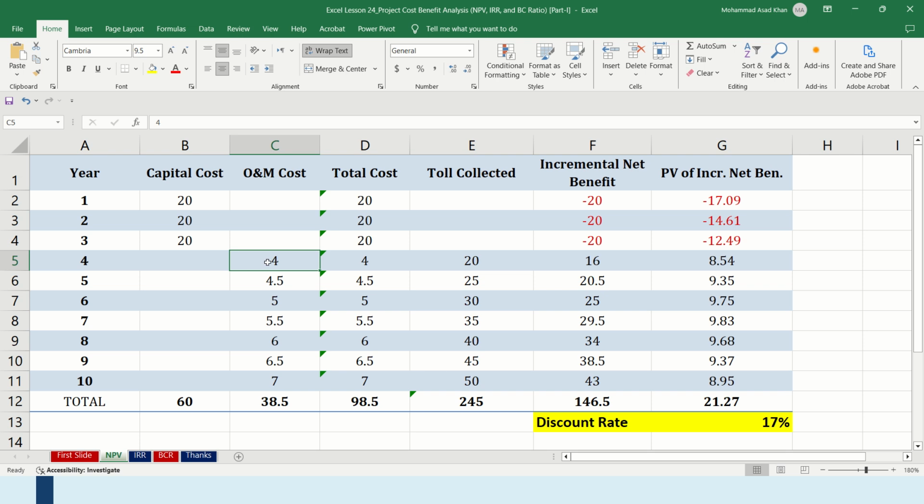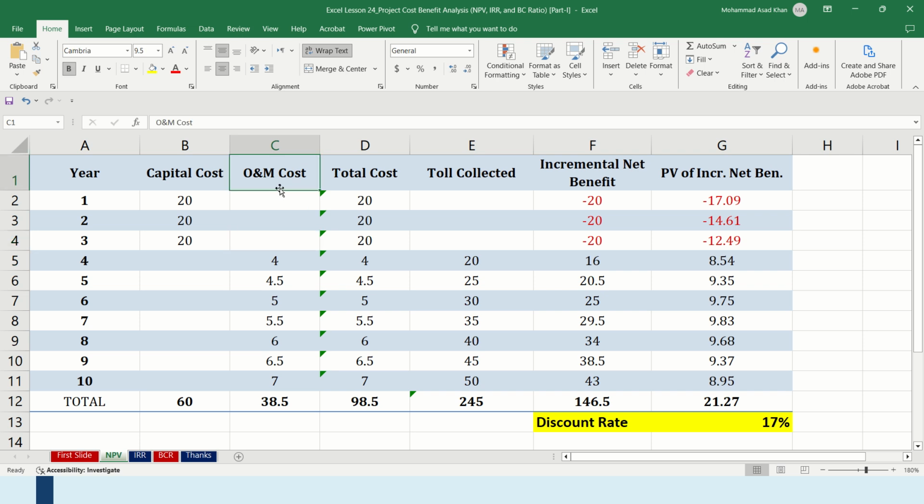Similarly, capital, machinery, equipment, labor, because for the operation and maintenance of say a road project, you need so many things. You need material, you need labor, you need machinery. That is why this O&M cost is a summary of so many costs. So when you talk about the O&M 38.5 million, that means it's a summary of costs.